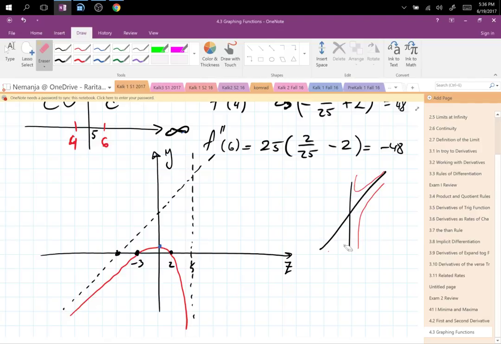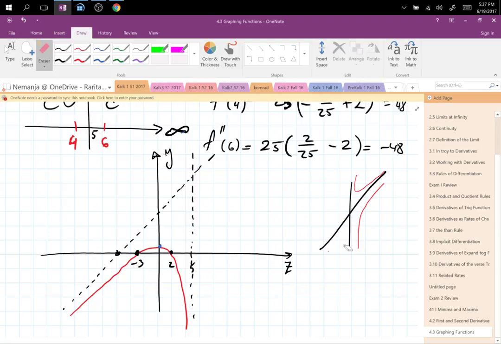Your choice is to compute a single point, or compute with those ugly square roots the function value to see whether your min or max is above or below the slant asymptote. I would say just compute number 6 in the original equation, because number 6 will give you a value that is either underneath or above.